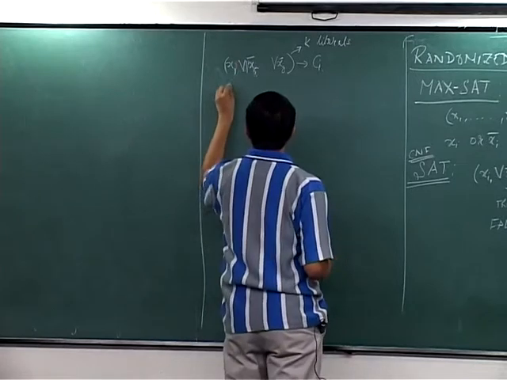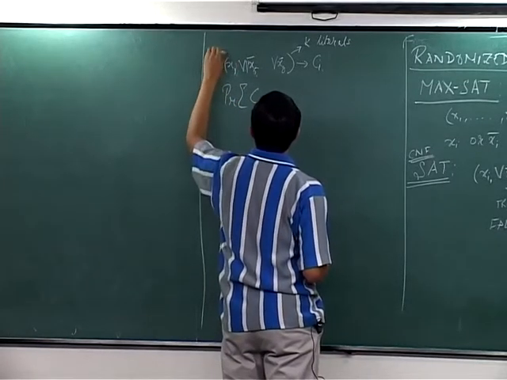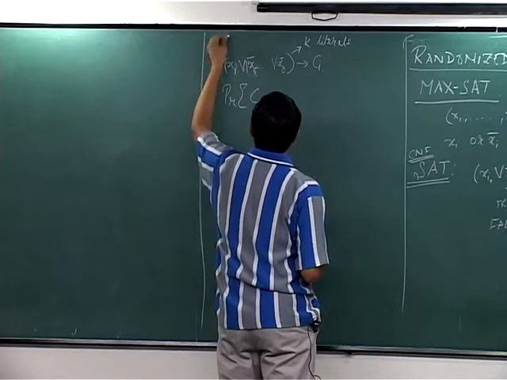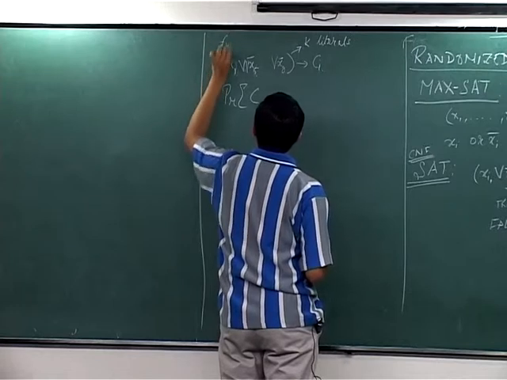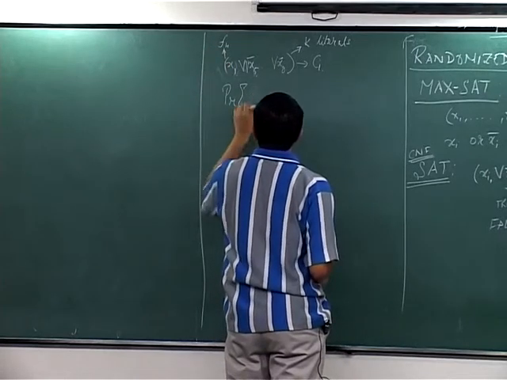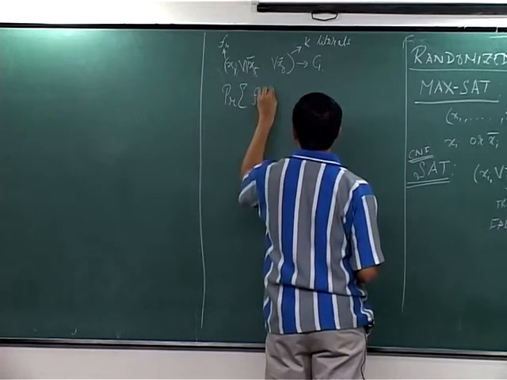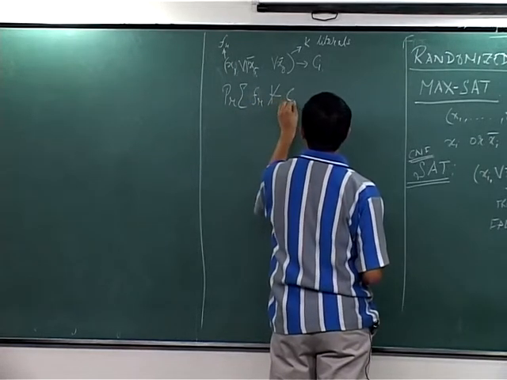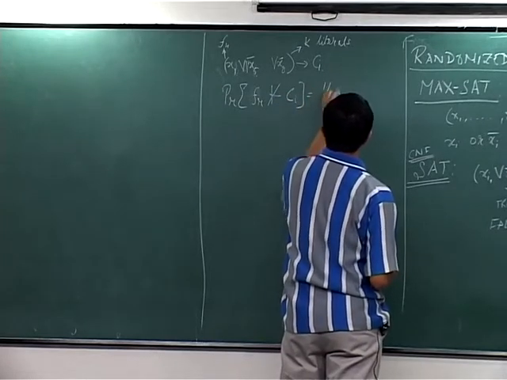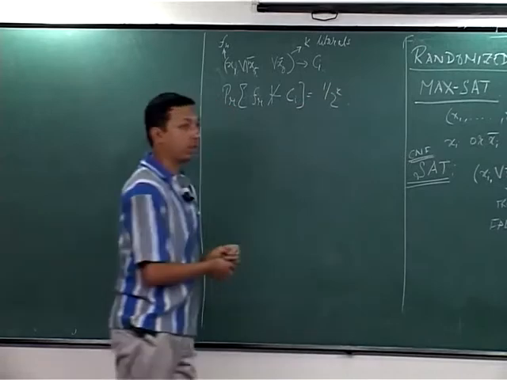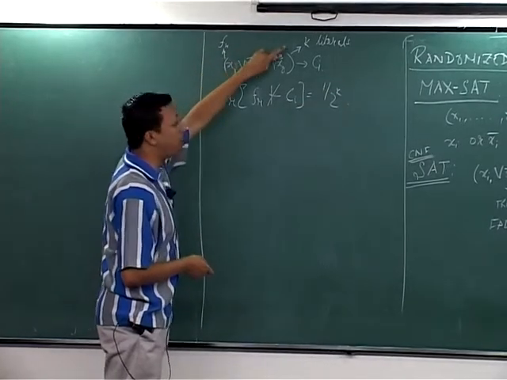So the probability that this random assignment, let's call it fr, r for random, doesn't satisfy ci is 1 by 2 power k, because you need every single assignment to be wrong.